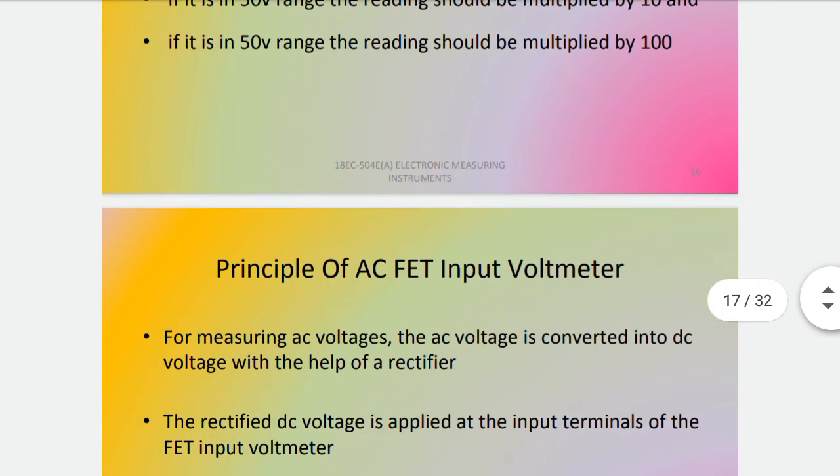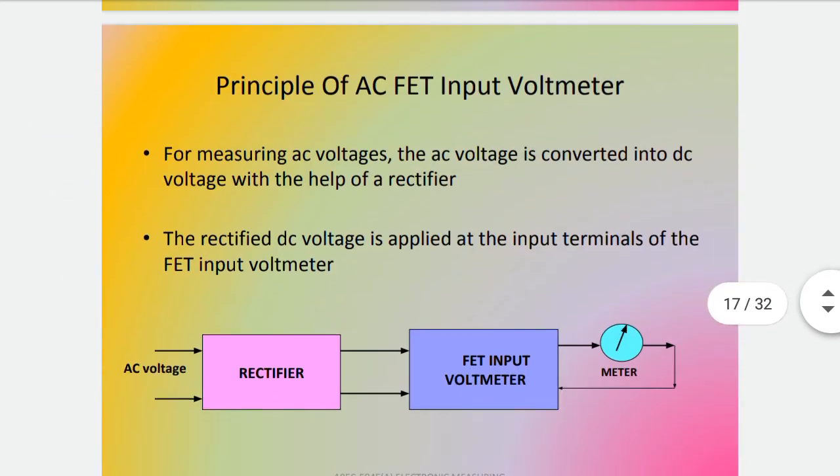Now, the principle of the FET input voltmeter. For measuring AC voltages, the AC voltage is converted into DC voltage with the help of a rectifier. The rectified DC voltage is applied at the input terminals of the FET input voltmeter.